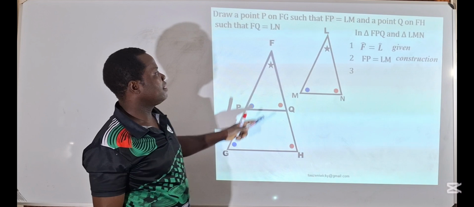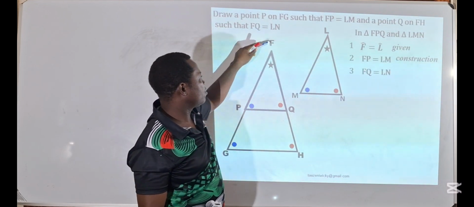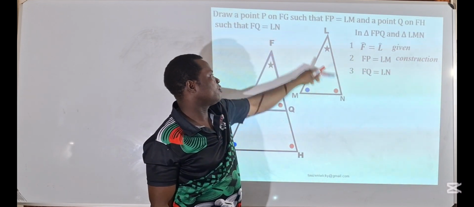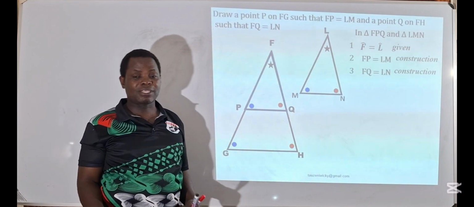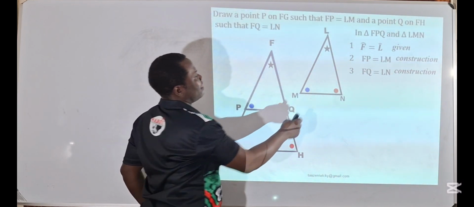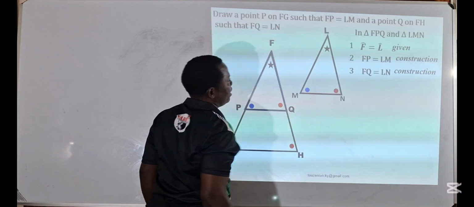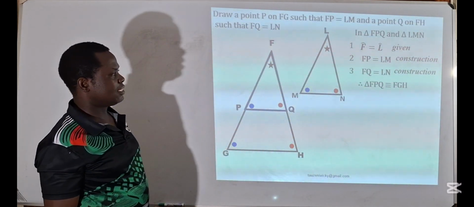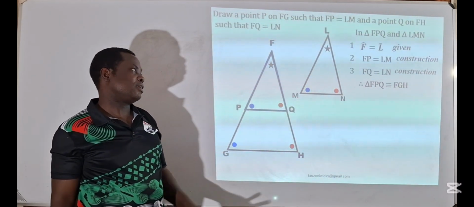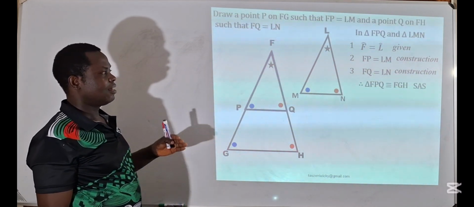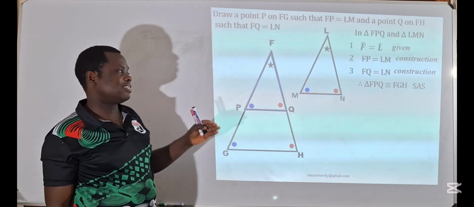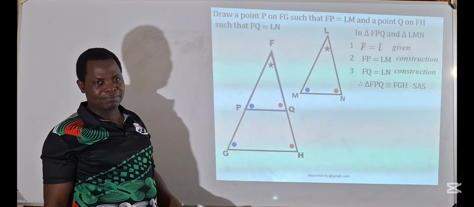The second one is the line from F to Q and the line L to N. They are also equal to each other, and the reason is construction. So we have two sides that are equal plus an angle. We conclude that triangle FPQ is congruent to triangle LMN, and the case of congruency is side angle side.